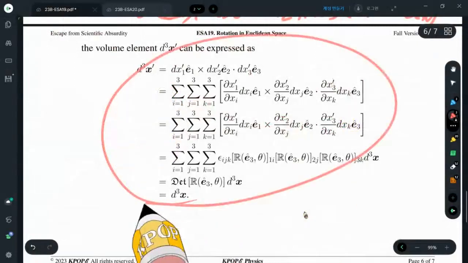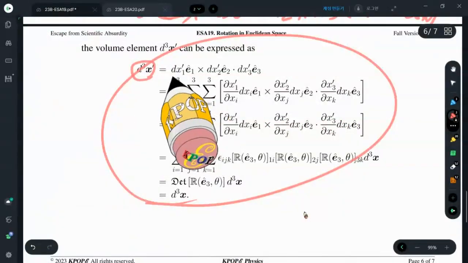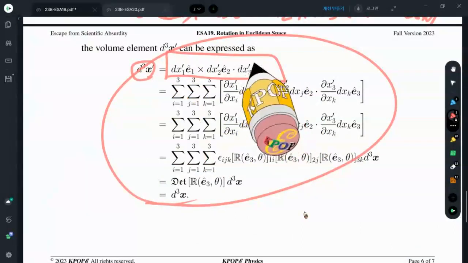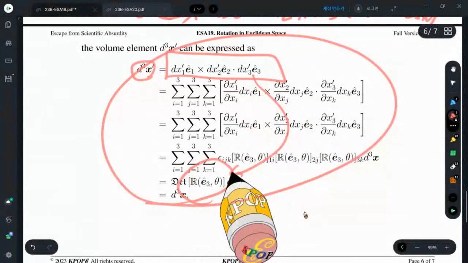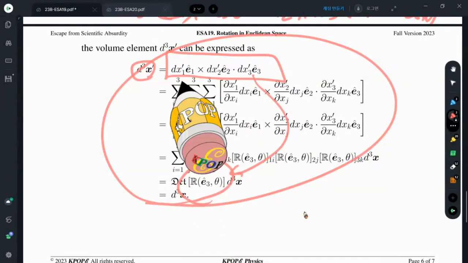Therefore, volume after rotation can be expressed as a triple scalar product, and eventually expressed as the determinant of the rotation matrix. That's the reason why we learn the Jacobian, and the Jacobian can always be computed with a triple scalar product.